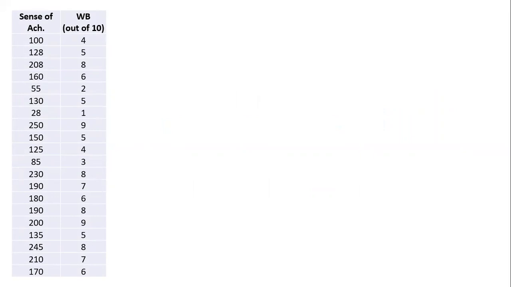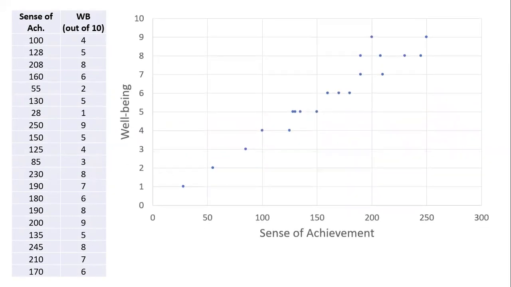And we find that there are a whole range of scores of these 20 students, and simultaneously we have the same data on well-being. Let us look at the scatter diagram, and we find that there is some pattern in general that indicates that yes, with increase in sense of achievement, we find that some increase in well-being is also noticed here in general.